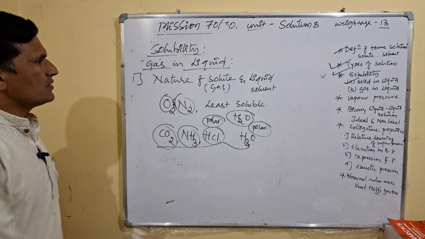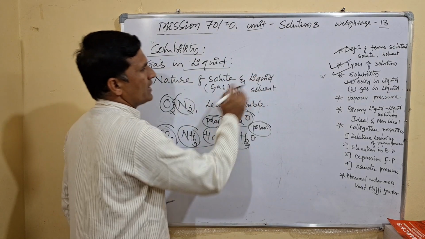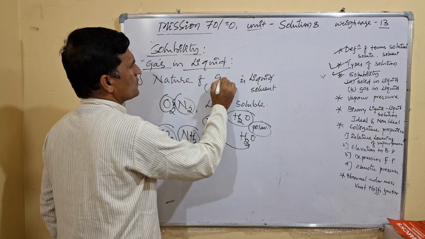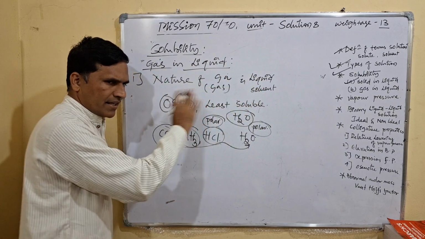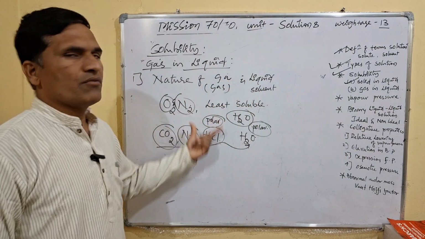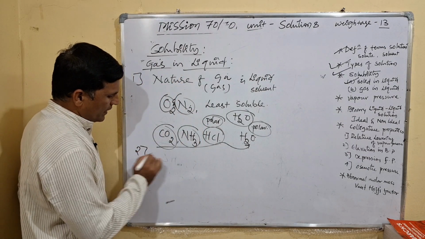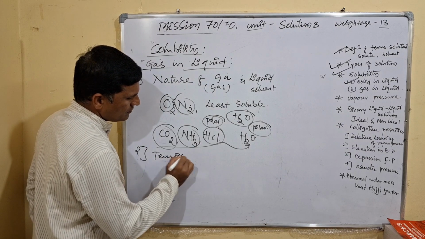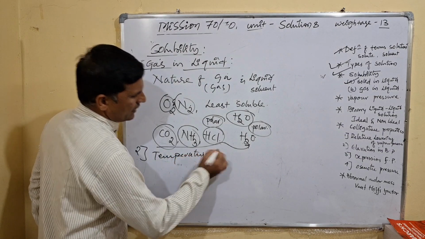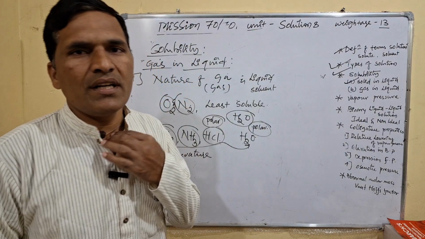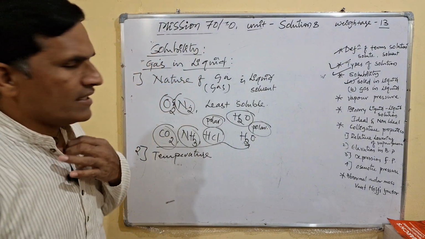So that is how the nature of solute and solvent, gas and liquid, we can explain with examples. The next is temperature. Temperature, of course, has a very important role in the solubility of gas in liquid.